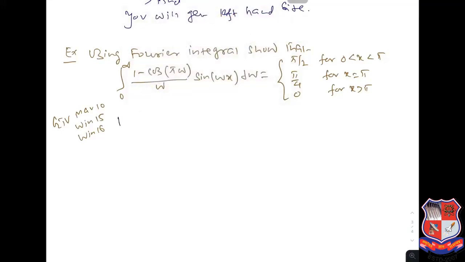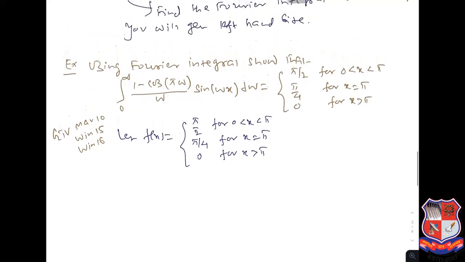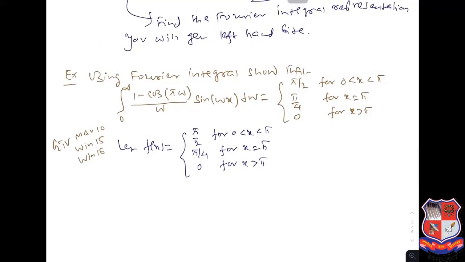Okay. Now what is f(x) here? We do like this. Let f(x) equal to pi by 2 for 0 to pi, then pi by 4 for x equal to pi, and 0 for x greater than pi. Now looking at the question, here you are having sin omega x.